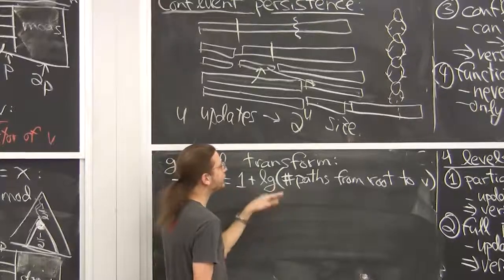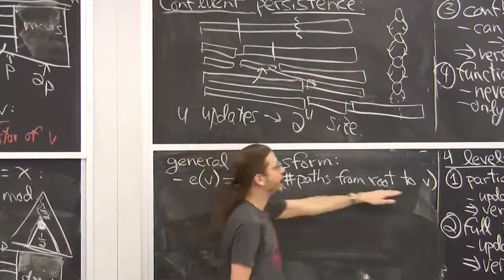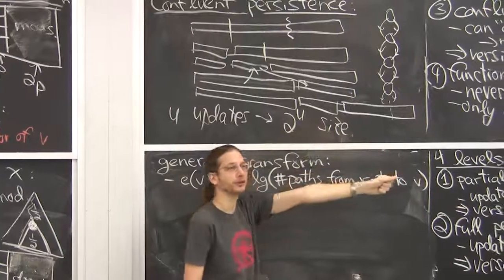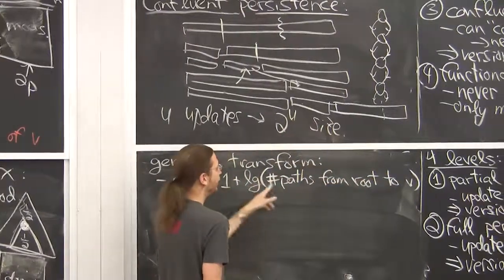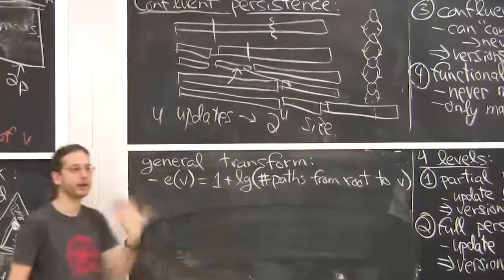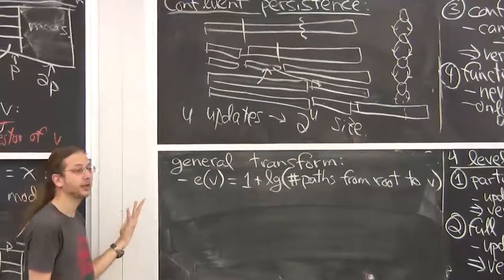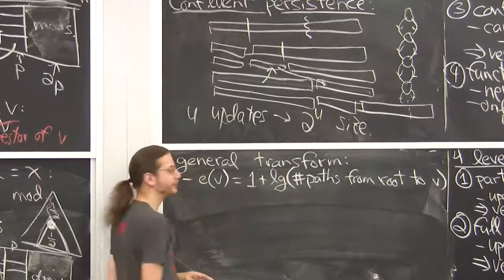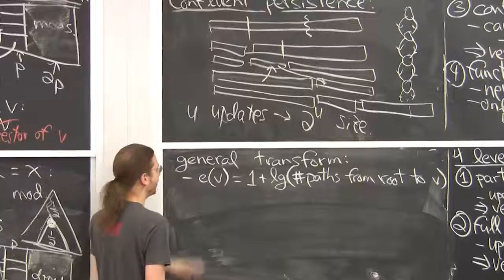But then I can easily measure the number of paths from the root to the same version. At the bottom, I still label it, those are all V. They're all the same version down there. So exponential number of paths. If I take log, I get what I call effective depth. It's like if you somehow could rebalance that tree, this is the best you could hope to do. It's not really a lower bound, but it's a number.